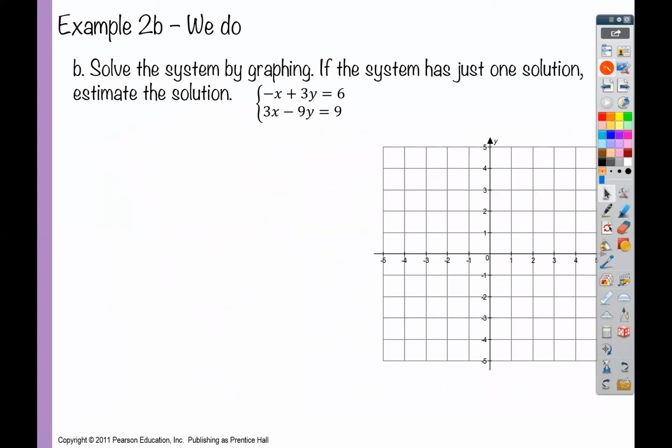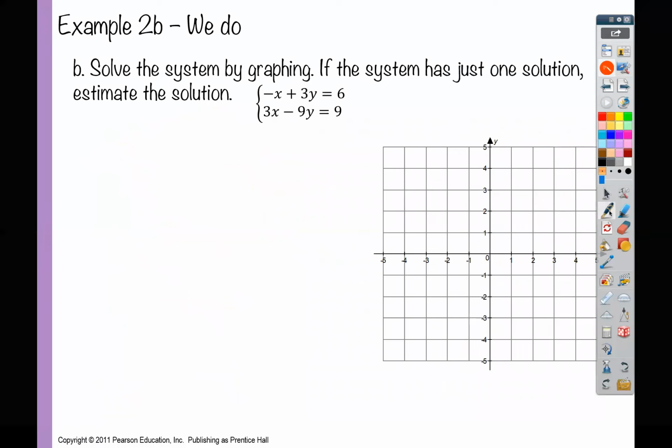All right, 2b says solve the system by graphing. If it has just one solution, estimate. Again, you can use intercepts or slope-intercept, either way. I'm going to go ahead and use slope-intercept to get y'all in the hang of that. For the first one, I'm going to move the x to the other side and divide by 3.